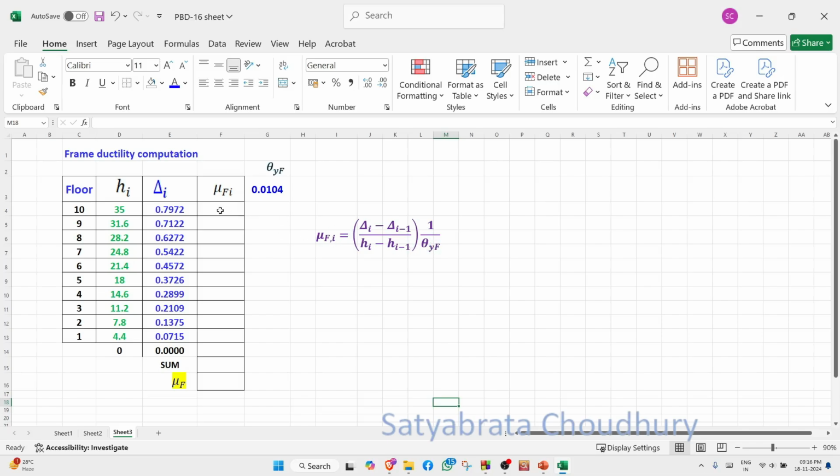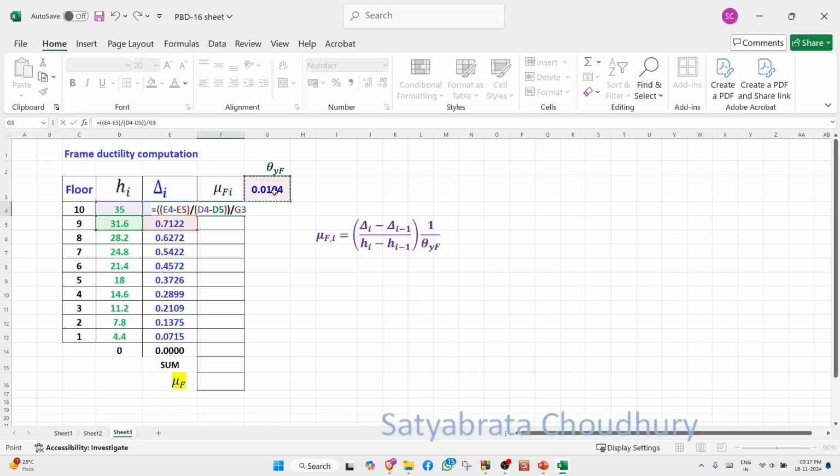The formula is this, so we will apply this formula here: equal to, in parenthesis, delta_i minus delta_i-1, divided by the height minus the bottom height, parenthesis to be given, whole thing divided by theta_yf, which is here.